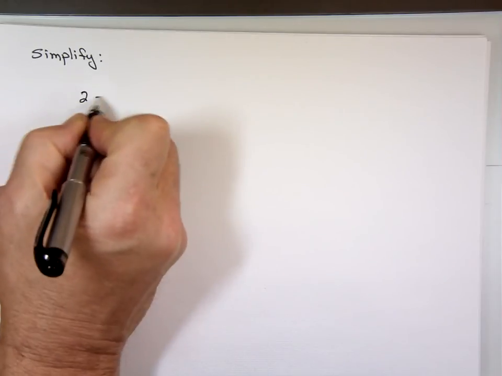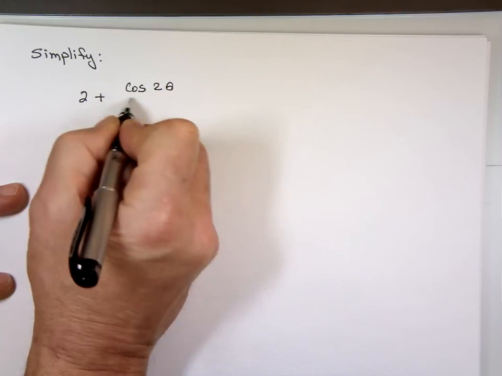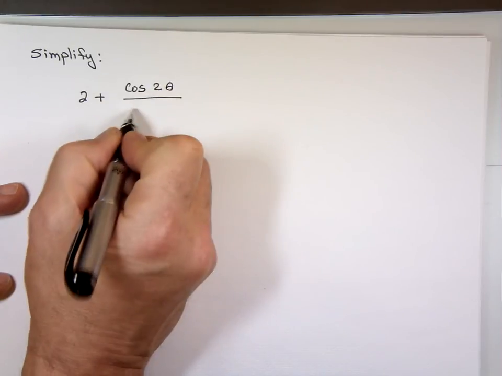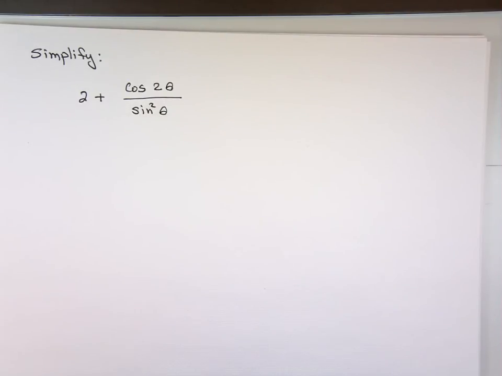2 plus cosine 2 theta over sine squared theta. I need to simplify that. Well, I know for cosine 2 theta I have 3 options right here.